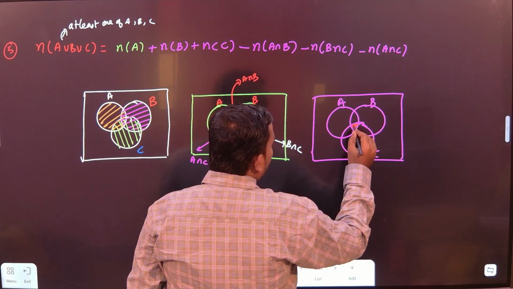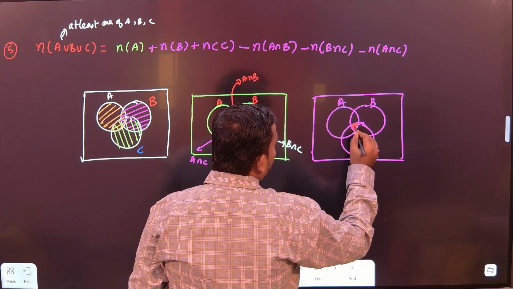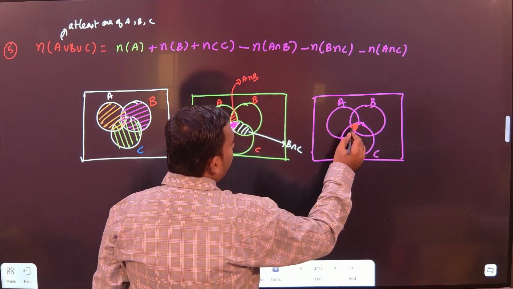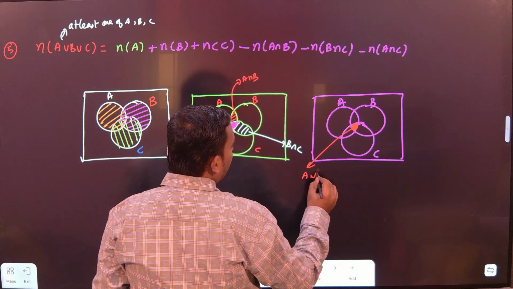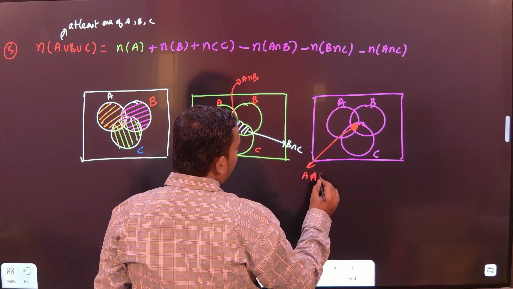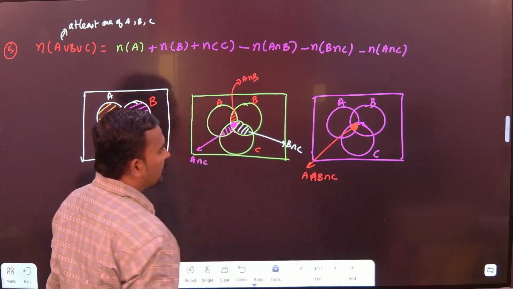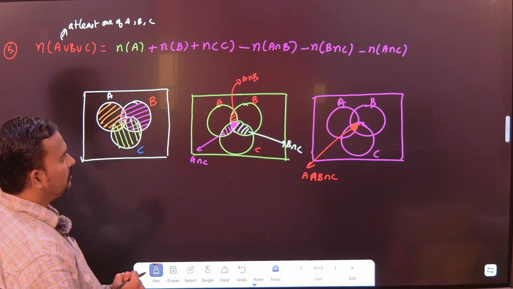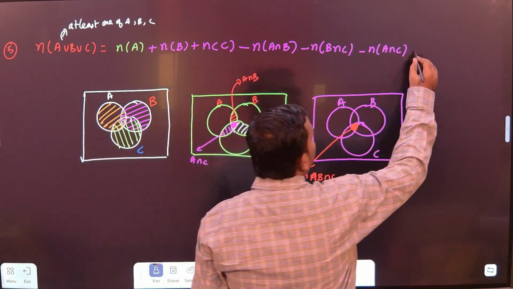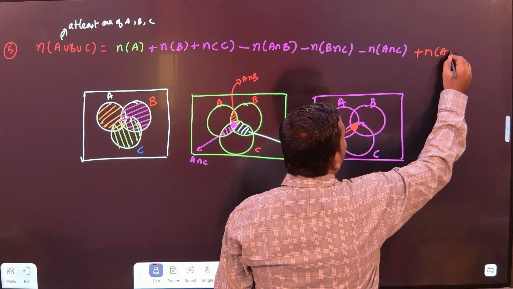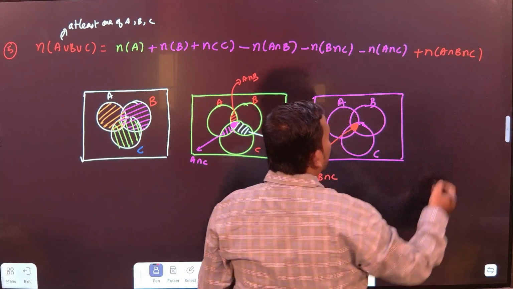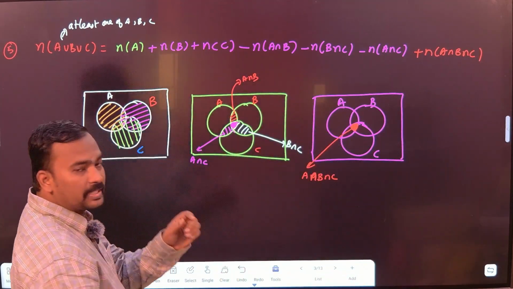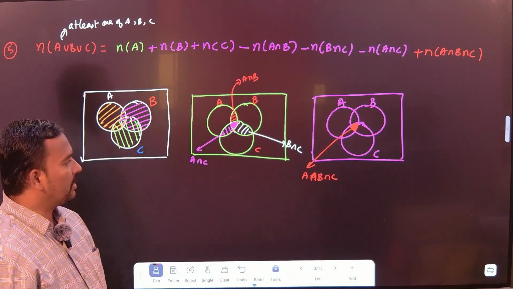This region is covering the part not covered: A intersection B intersection C, right? That should be added. n of A intersection B intersection C. Clear? Because then only you can get the union part, right?